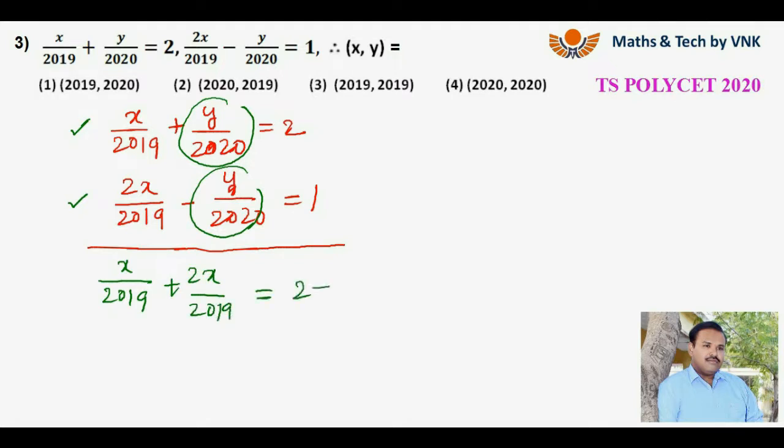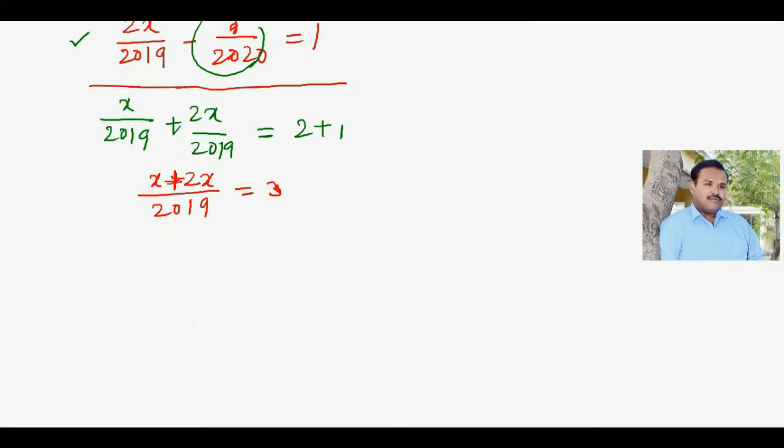So the denominator 2019 is the same, and the numerator x plus 2x is equal to 2 plus 1 is 3. So this becomes 3x by 2019 is equal to 3.